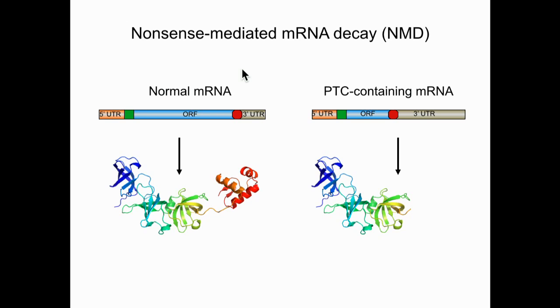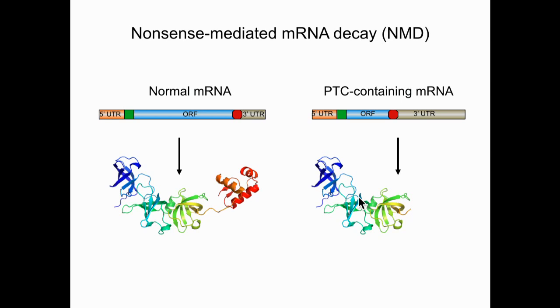So just to summarize NMD in one slide, if you have a normal RNA, of course, it's translated to make a full-length protein. And then if there's a mutation causing a nonsense mutation that causes an early stop codon, also called a premature termination codon, this would, in principle, be translated to make a truncated protein product.